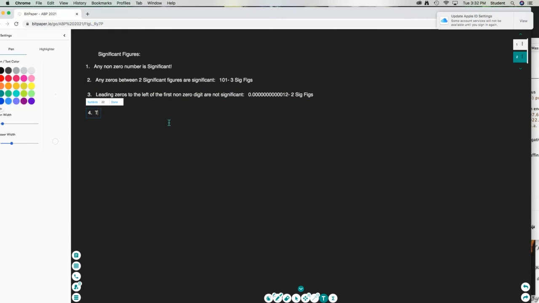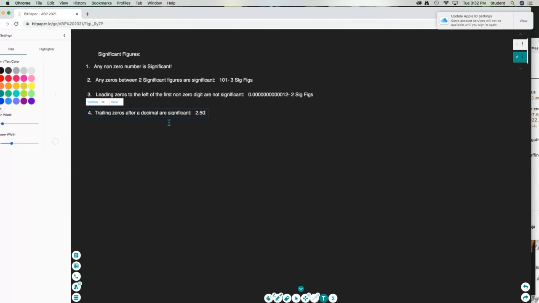Trailing zeros. Let's talk about trailing zeros. Well, these after a decimal are significant because somebody took the time to go to the 10,000th place or whatever place they went to using some really precise instrument. So therefore they're significant. Otherwise you're discounting all the hard work that this person did.